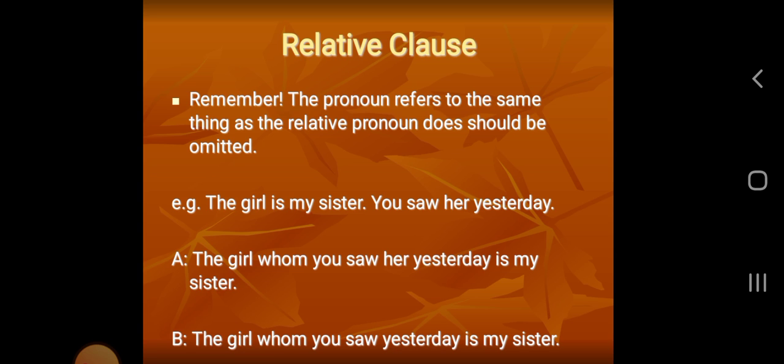The girl is my sister. You saw her yesterday. The girl whom you saw yesterday is my sister. What is the difference? Do you understand the difference?